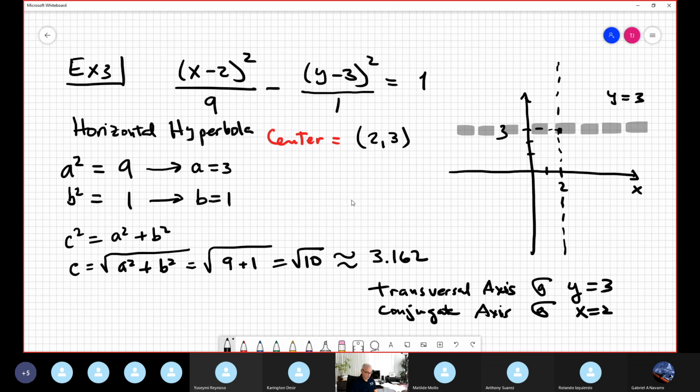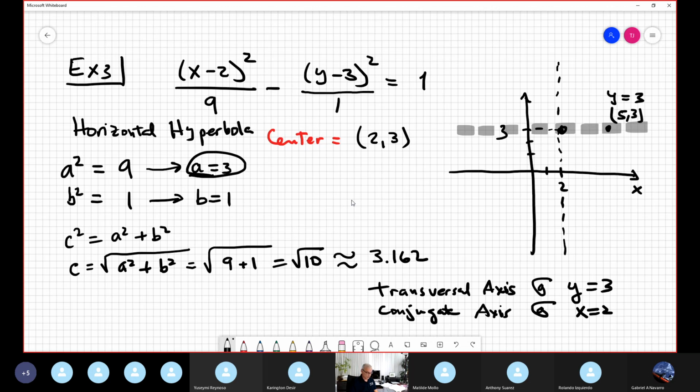Okay. So now the vertex is located a distance from the center to the right and to the left direction. So 3 distance is 1, 2, 3, is 5. 5, 3.